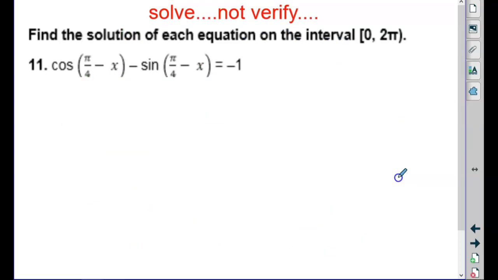This is an equation. It is not a verify question. Yeah, this is a hot mess. We have to expand this and then expand this and then figure out how to solve. So cosine of A minus B here, someone read that one?